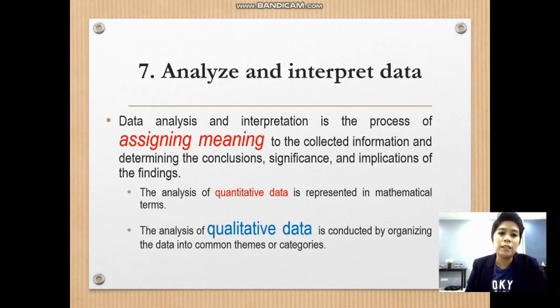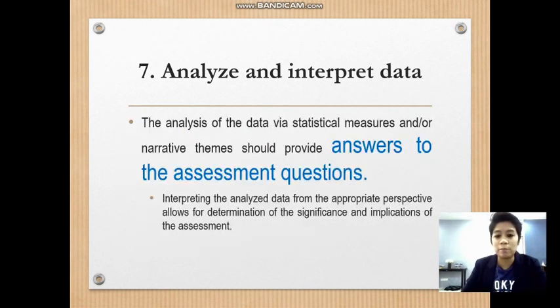Okay, right? And after that, you analyze and interpret the data. Analyze means assigning meaning. If you intended to see the difference of anxiety in the level of competition, what's the meaning of that? If there is higher anxiety in the lower level of competition, what does it mean? From there we are interpreting the data, and it should be able to provide answers to the problem you stated just now, and the implication to the objective of the study.